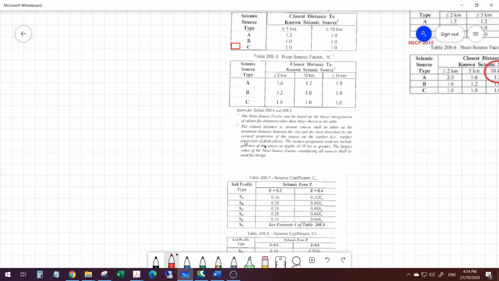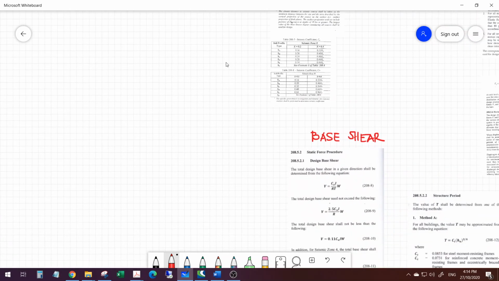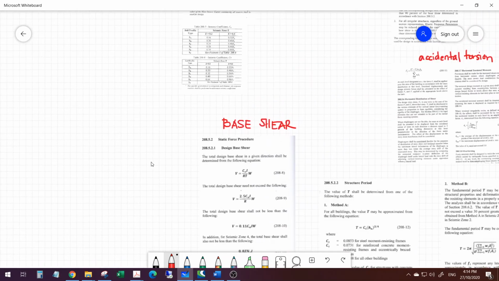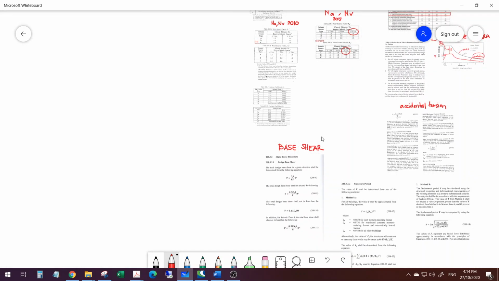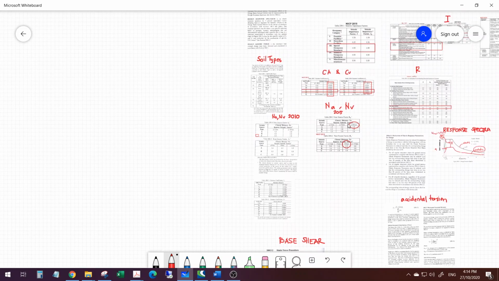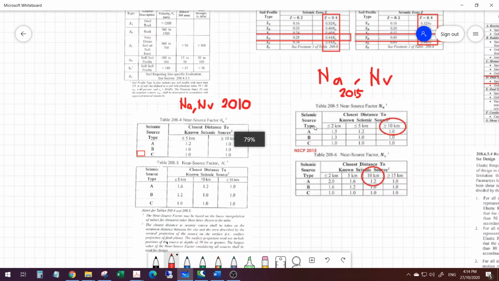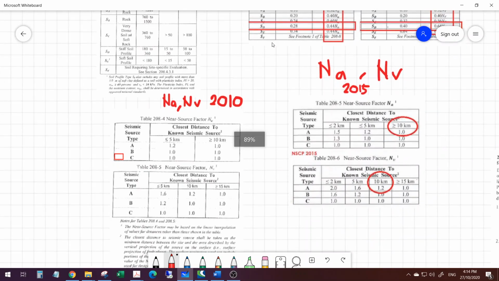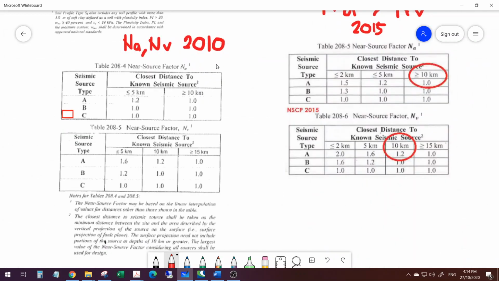So as a last reminder, I also compiled the formulas from NSCP 2015. I was able to find some major differences, especially on Na and Nv. If you notice, in 2010 we only have two columns in Na, but in 2015 we already have three columns.